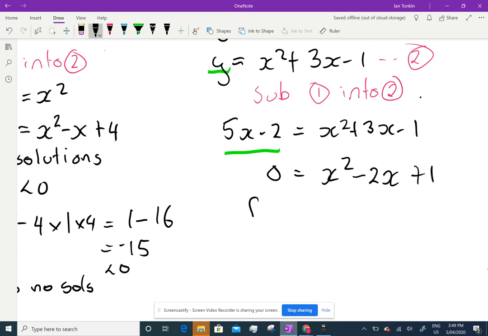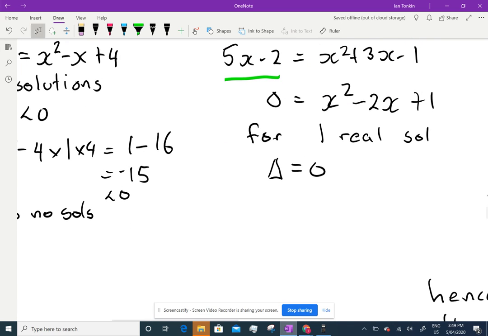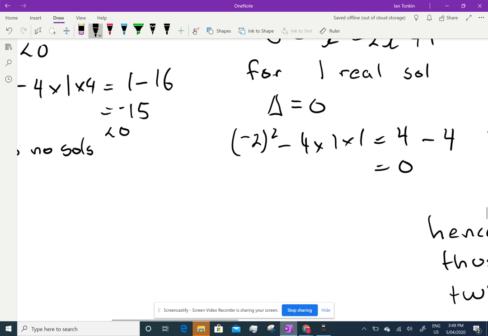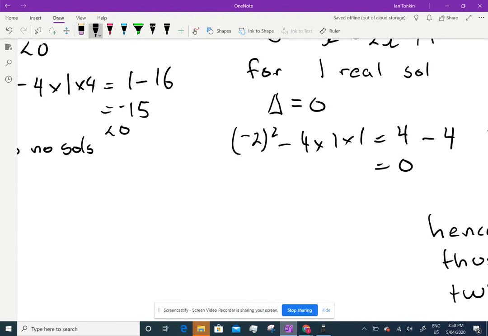Now, for one real solution, the discriminant has to equal 0. Well, what is the discriminant? The discriminant is minus 2 all squared minus 4 times 1, which equals 4 minus 4, which equals 0. So, therefore, discriminant equals 0, only one solution.